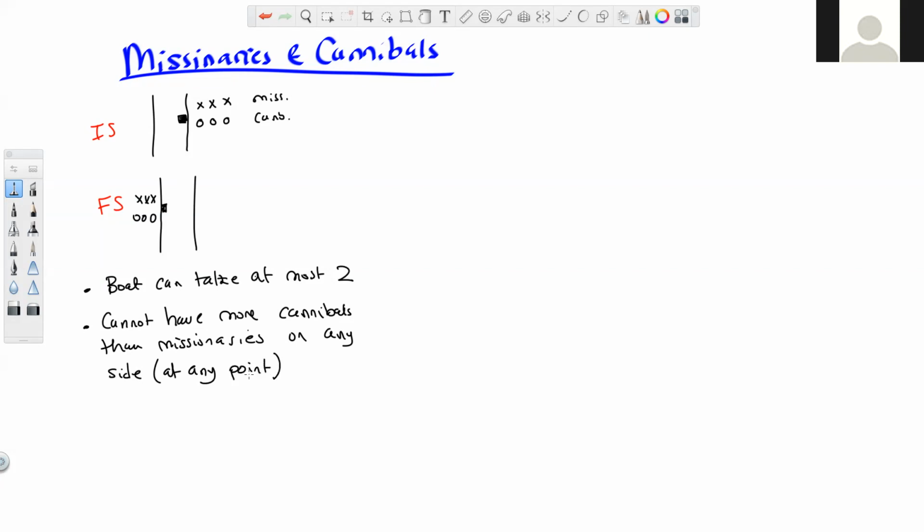So I want to move all 6 to the other side, and I'm going to use the boat for this, but the boat can take at most 2. And moreover, I cannot have more cannibals than missionaries on any side at any point. And the question is, how do I actually do this?